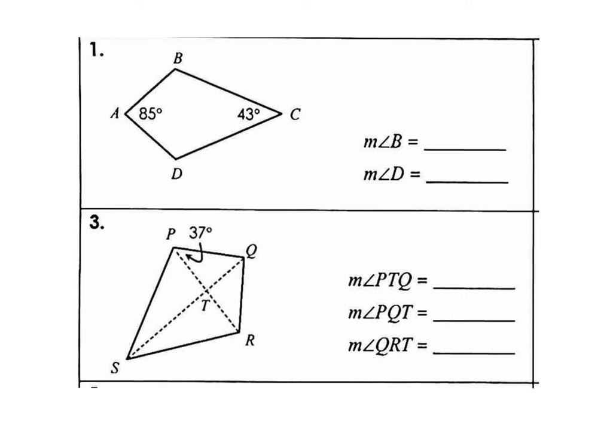So if I take 360 and I subtract the other 2 angles, then I should get what B and D are together. So when I take 360 and I subtract 85 and 43, I should get 232. So this is 232. Well, how does that help me? Well, B and D are congruent, so they're the same angle.